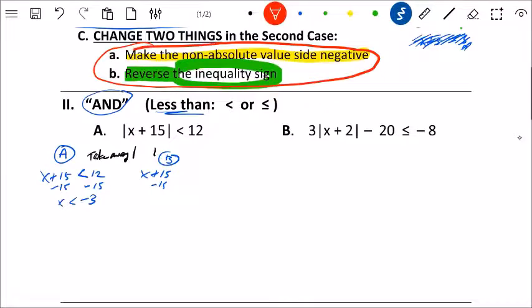I need to make the 12 a negative 12. I need to take this inequality sign and go the other way. So it's now a greater than. I'm going to subtract 15 from both of them. So I now have x is greater than negative 17.